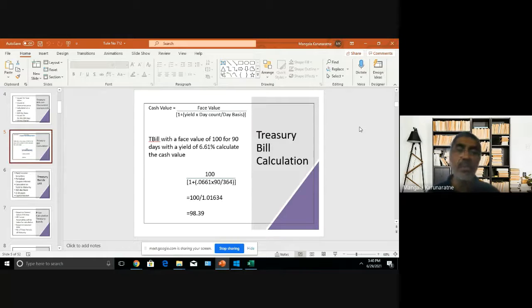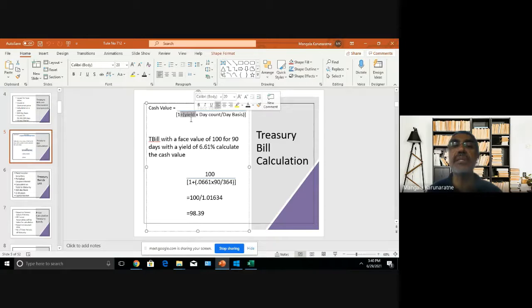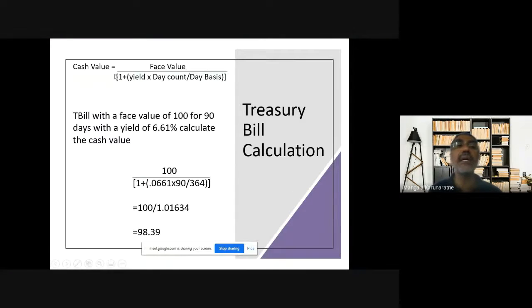The person who is investing will want to know the cash value. So you have a face value, and the only thing these two parties have to decide upon is the yield, that is, at what yield this treasury bill will be traded. You take this yield and do the calculation.